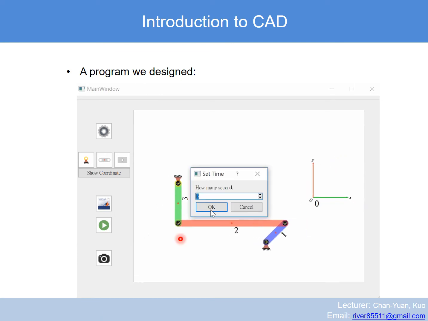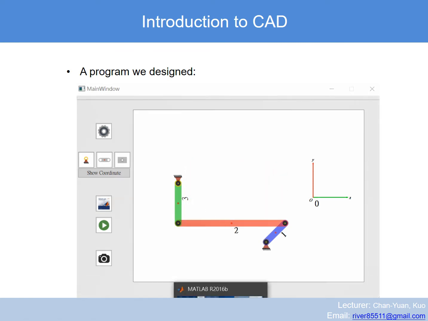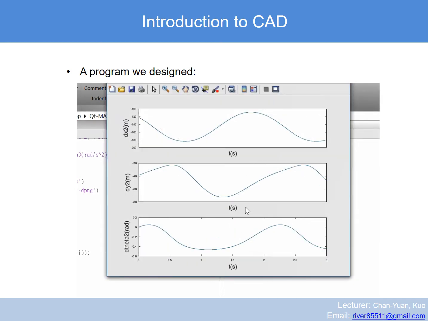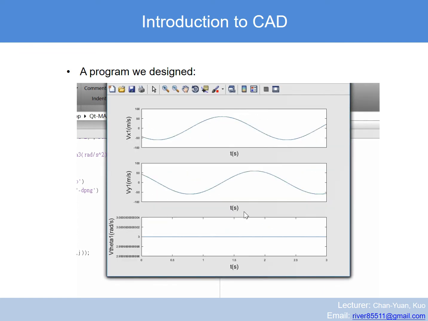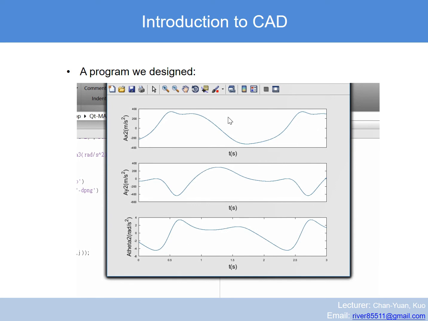Once that is done, click on the MATLAB button over here and set the simulation interval. Then the program will automatically generate the corresponding MATLAB file to perform kinematic analysis on the system. And now the analysis is complete.